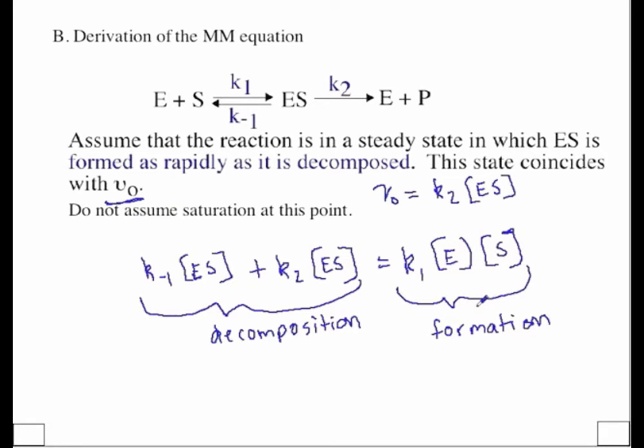Now we're going to go on and the first step that we're actually going to take in our derivation is noting that we could plug in another expression for the E here, for E free, because that is E free.